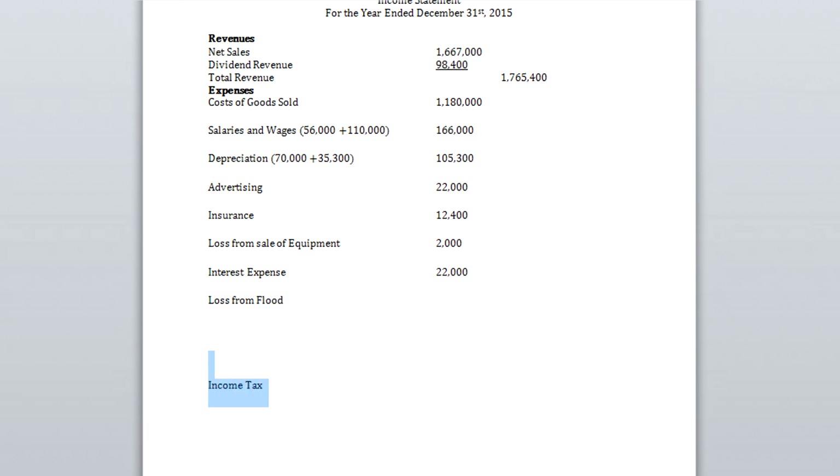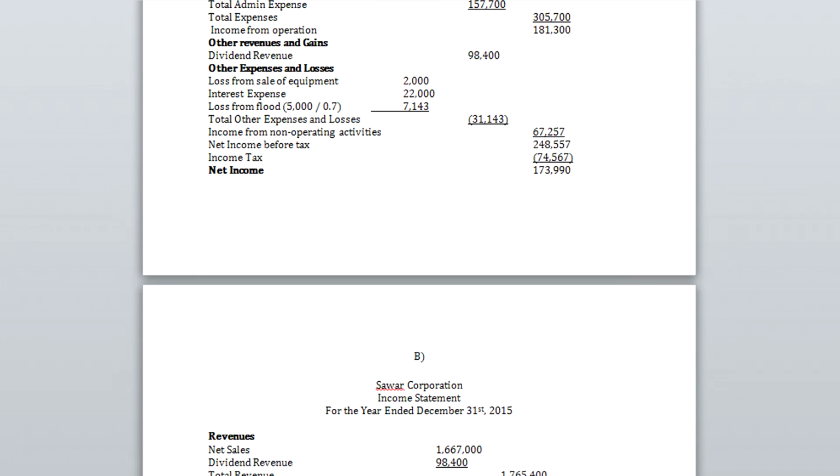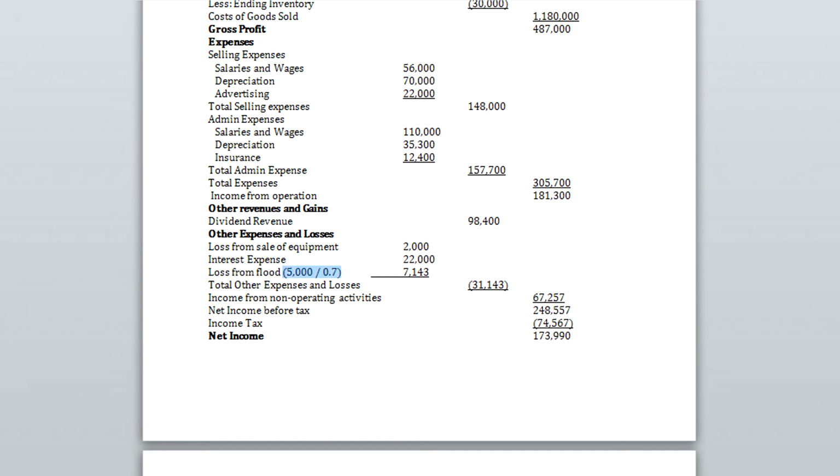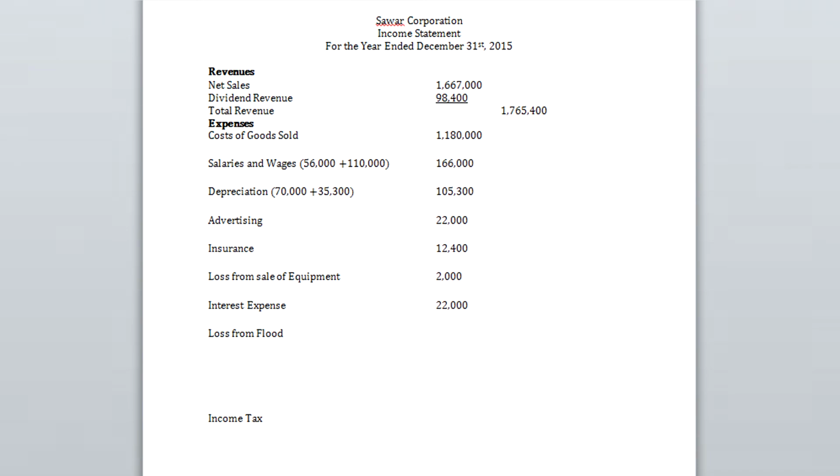Again, on the single step statement, somewhere below, we're going to actually record income tax. Right? Income tax will be deducted later on. So all these numbers need to be reported before tax. So again, you would have to do this calculation here, right? The flood amount pre-tax divided by 1 minus the tax rate. So it's going to end up being the same here, $7,143.